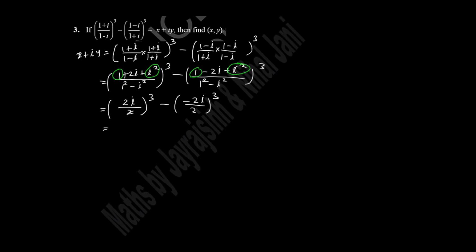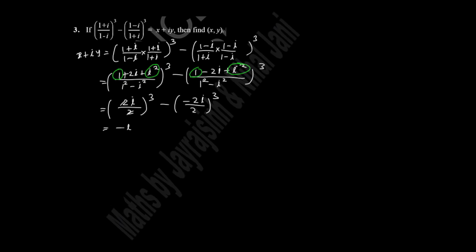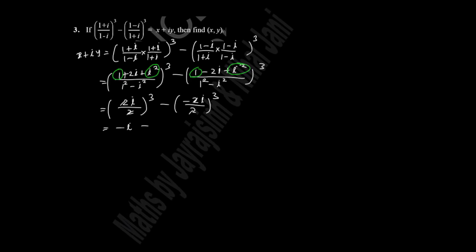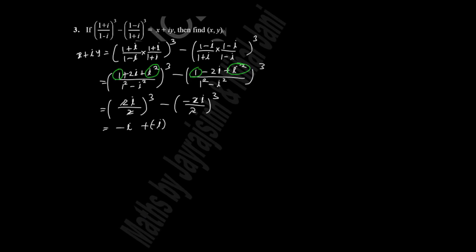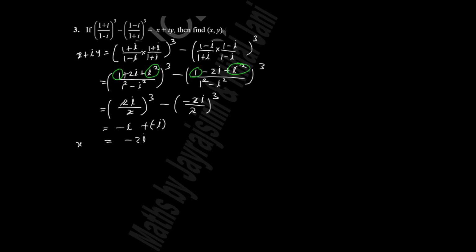So 2 will cancel out, i cube is minus i, and again 2 will cancel out, plus i cube, and that is minus i. So here we get minus 2i. Do you remember the question?